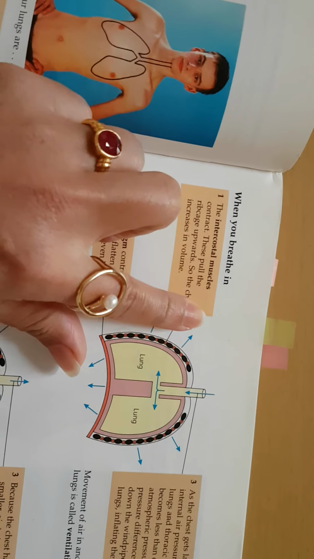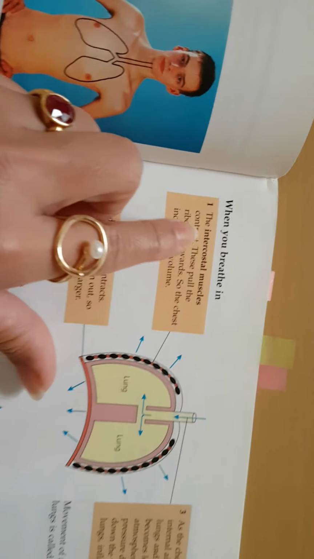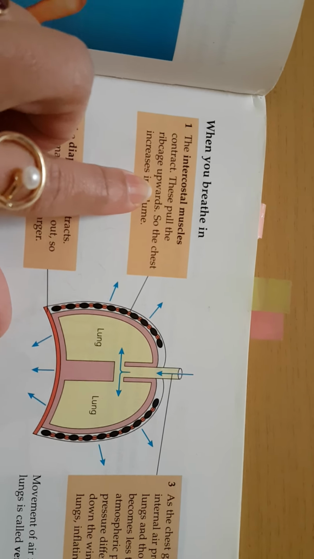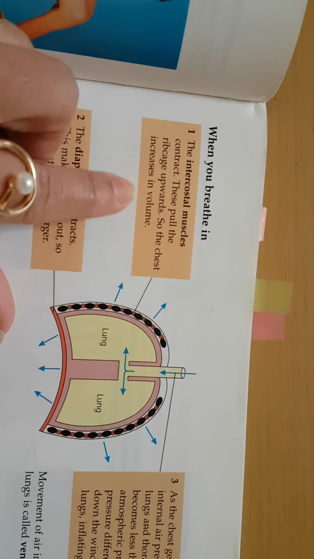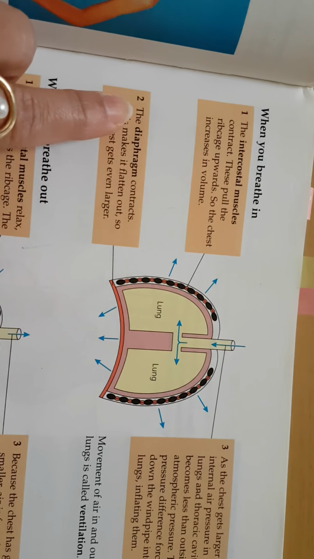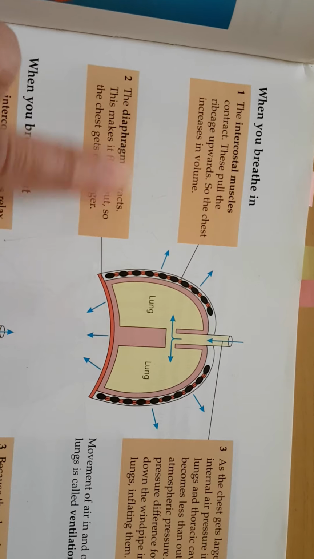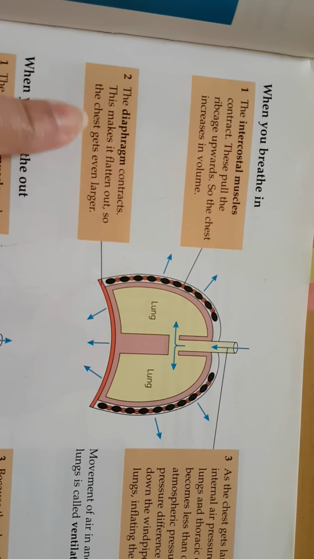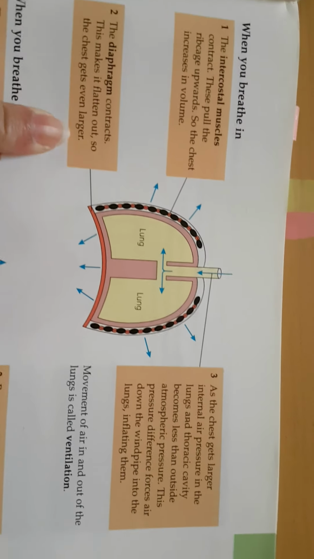When you breathe in, number 1, the intercostal muscles contract. These pull the rib cage upwards, so the chest increases in volume. Number 2, the diaphragm contracts. This makes it flatten out so the chest gets even larger.